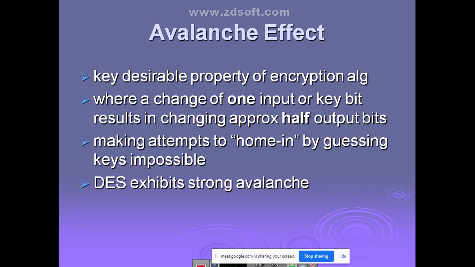So making a single change is going to affect a lot within the cipher text. I hope it is clear, guys, what we mean by avalanche effect.